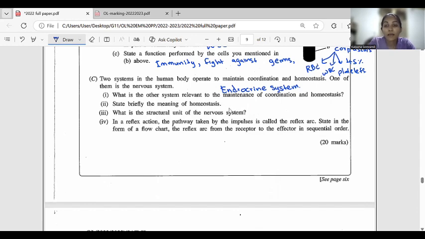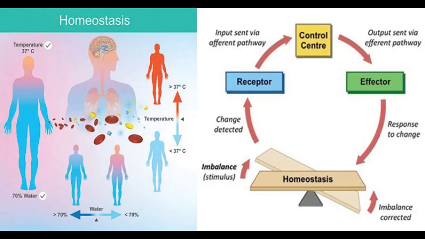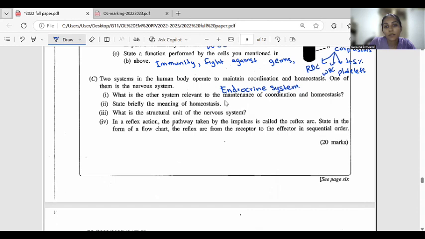In homeostasis, our internal body factors like body temperature, water level, and blood glucose level are maintained in a constant manner. So the internal body environment is managed in a constant way.